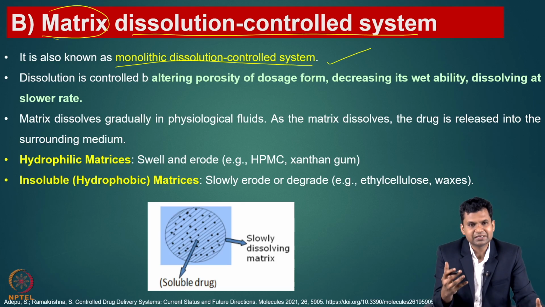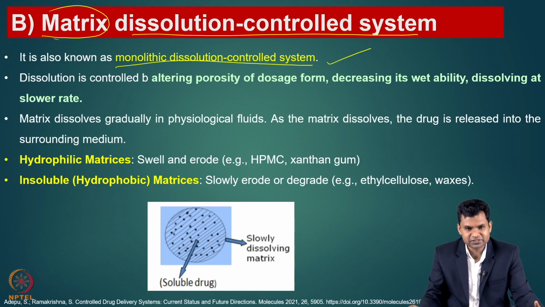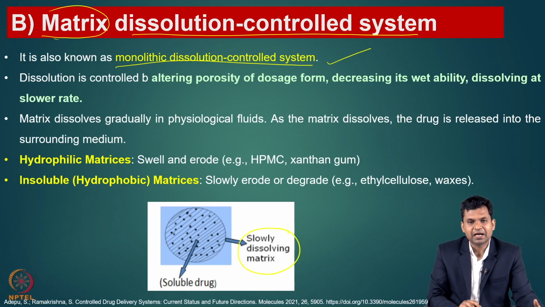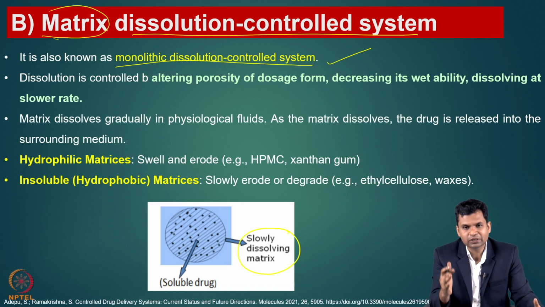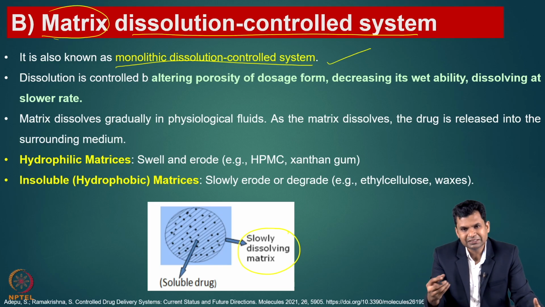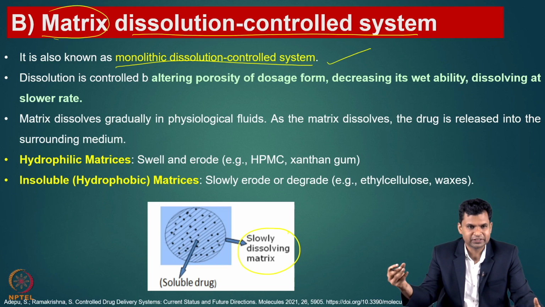That is why it is called a matrix dissolution control system. Here the polymer dissolves slowly and you cannot separate a core and a shell. Once you perform the dissolution study, your polymer and drug will release slowly as a matrix system.